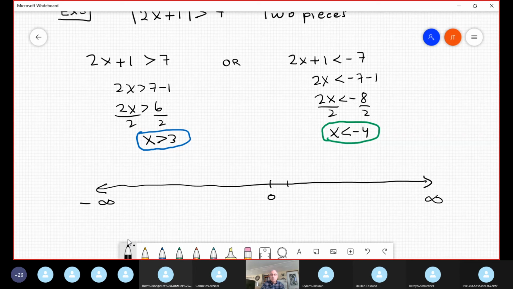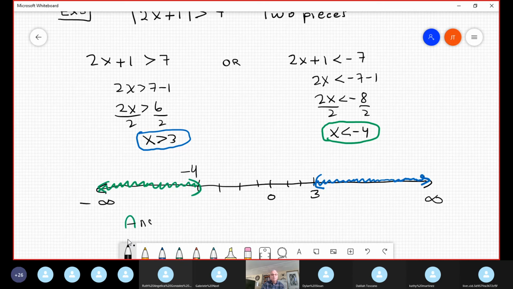This is positive 3, 1, 2, 3, and this is negative 4, negative 1, negative 2, negative 3, negative 4. This interval, the blue one, is from this to this, in that direction. Of course, don't include 3 because I don't see an equal sign here. And the green one is from negative 4 to the left. Again, parentheses.